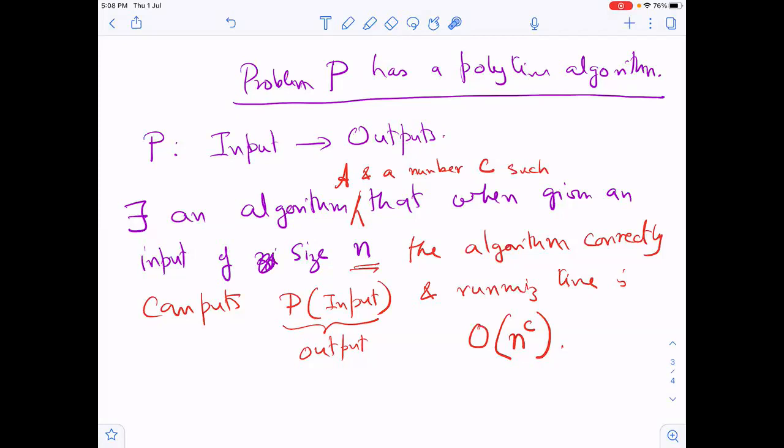If C is 2, then this thing outputs in n squared steps, and that's it. Again, it can be any number, but this C is something that depends only on this algorithm A.